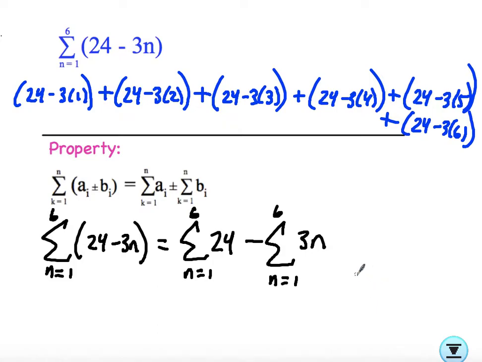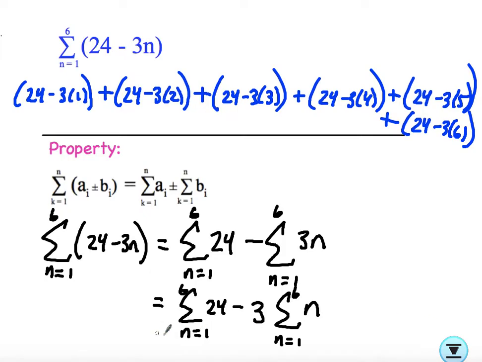Okay, now I can apply the previous 2 formulas we talked about. This is just a constant, 24. And so it's going to be 24 plus 24 plus 24 plus 24, 6 times because there's 6 terms. Over here I've got a variable times a constant. And the first rule we talked about was the fact that this constant can get pulled out in front. So really, I guess I could rewrite this from 1 to 6 of 24 minus, and then put the 3 out in front of the summation.